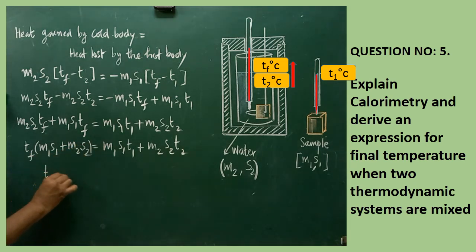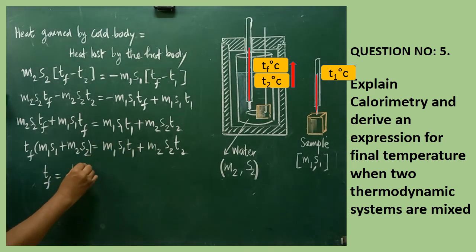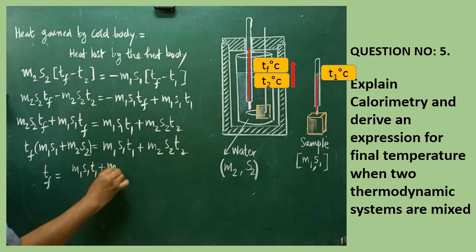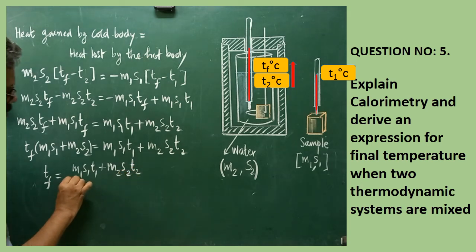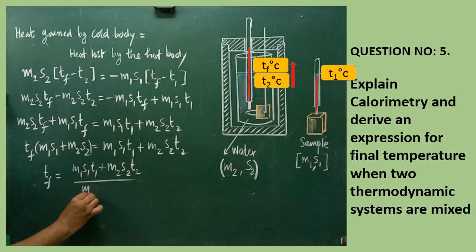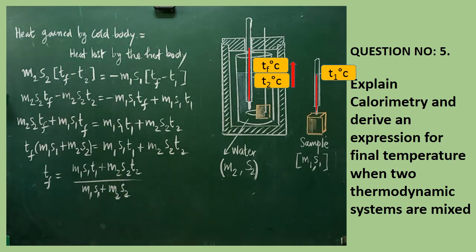So Tf is equal to m1 s1 T1 plus m2 s2 T2, whole divided by m1 s1 plus m2 s2. So this is the final equilibrium temperature.